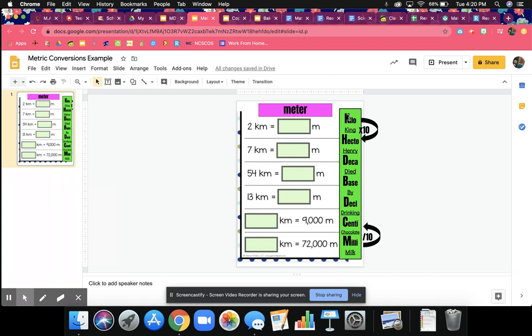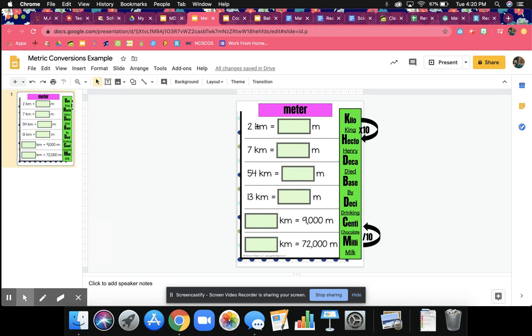So remember, king is kilo, Henry is hecto, died is deca, by is your base unit, drinking is deci, chocolate is centi, and milk is milli. So the King Henry died by drinking chocolate milk is going to help you remember those prefixes of kilo, hecto, deca, base, deci, centi, milli.